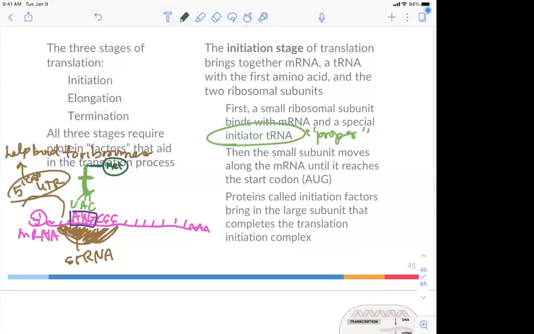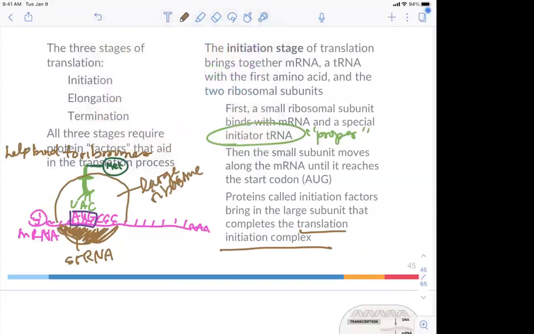This begins initiation, and with the help of other proteins that I'm not labeling here, the large part of the ribosome comes and sets everything in place. This is the translation initiation complex.